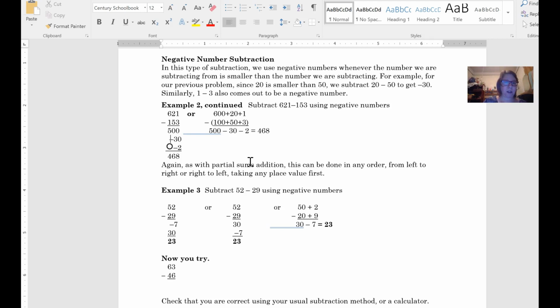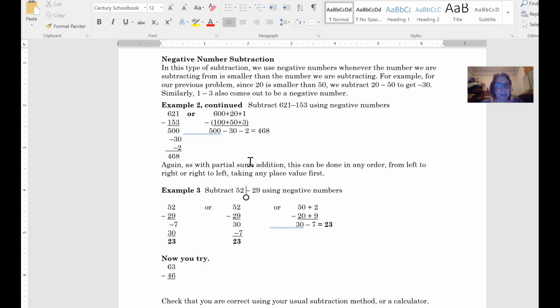Over here, 500, and then negative 30, from the 20 minus the 50. And now, finally, I do 1 minus 3, that's negative 2. You can just do 500 minus 30 minus 2, and you get 468.